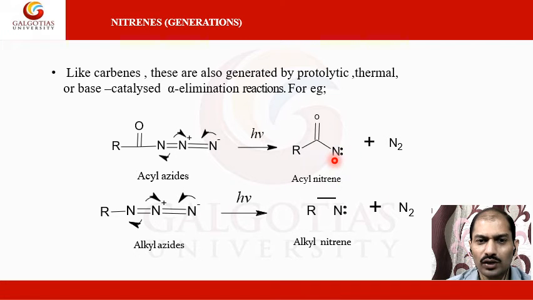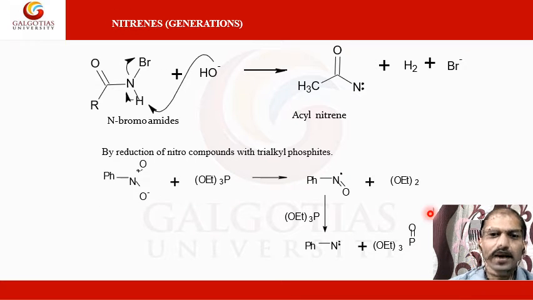This nitrogen has 6 valence electrons, and it produces a neutral species. Alkyl halides, in the presence of photolysis, can also produce the alkyl nitrene. So these species can be synthesized by thermal or base catalyzed alpha elimination reactions.